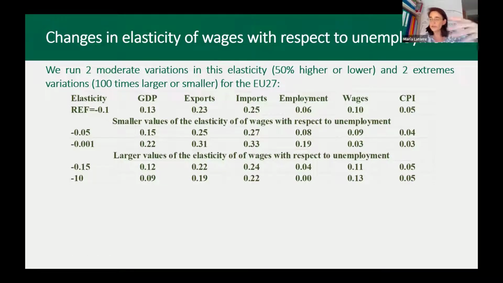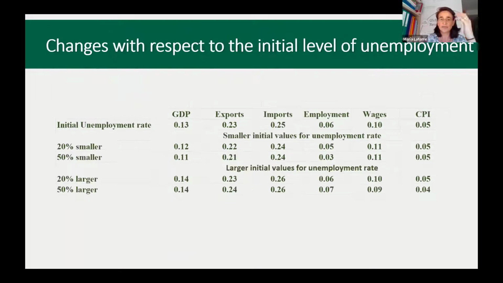In line with the previous presentation, wages are a cost for firms, and if that cost responds less to unemployment, the wage increase is smaller, then they will increase more the number of workers, and that results in a higher volume of trade and in a higher volume of GDP. And the contrary applies to the case in which that elasticity is more responsive and has a larger value. So this is basically the idea of the elasticity of unemployment.